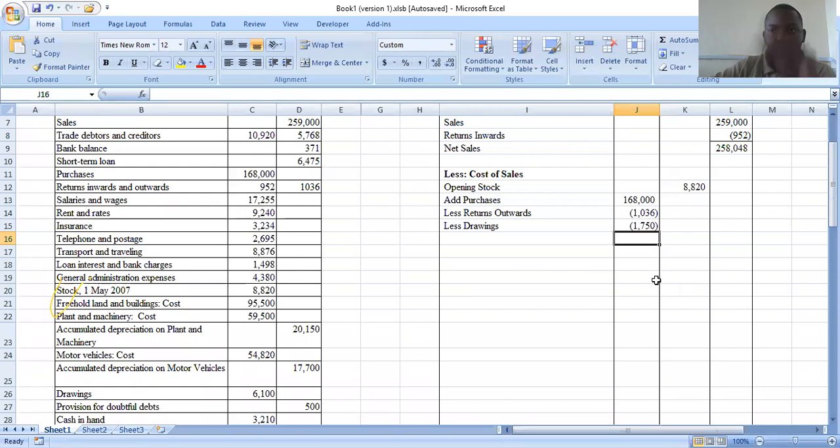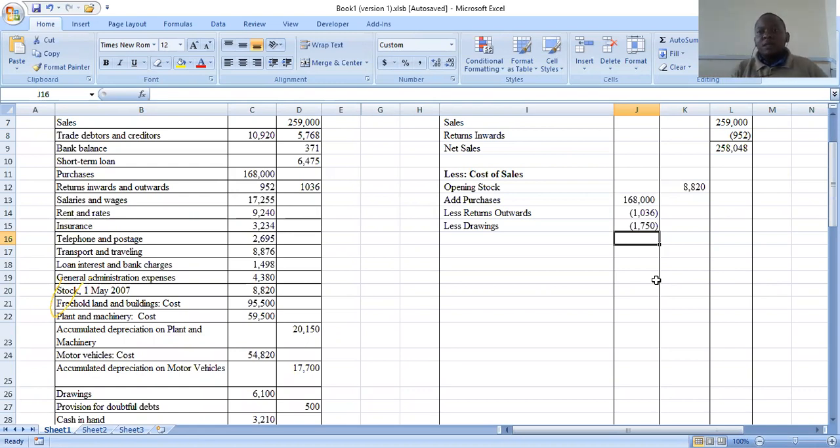These drawings should have been credited in the purchases account, but since they were not, we need to credit them now. To credit the purchases account means to reduce. You remember the concept of double entry? When an expense is decreasing, we credit.